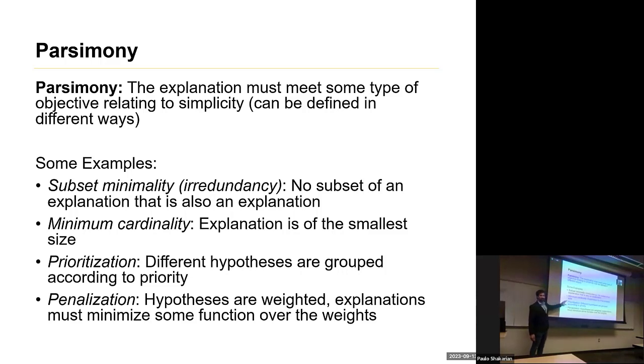Now here we might have additional information where the hypotheses are grouped according to some kind of priority. And I will use some of them in an explanation first over others. And finally, penalization. Maybe I have weights for the hypotheses and I get penalized by having some function over those weights be higher. So I want to maybe minimize that as well.